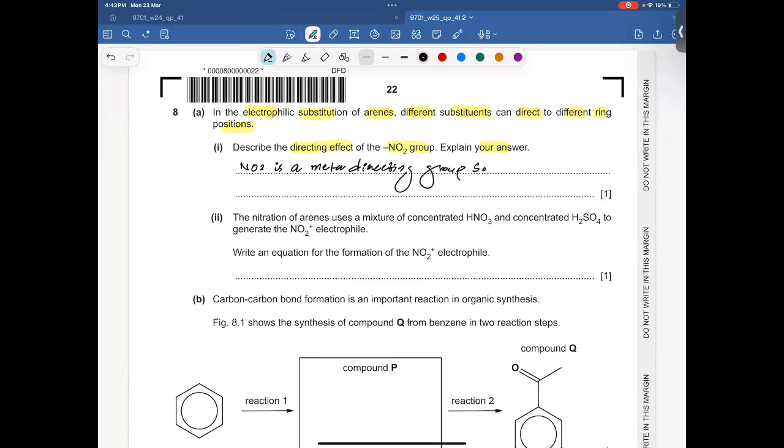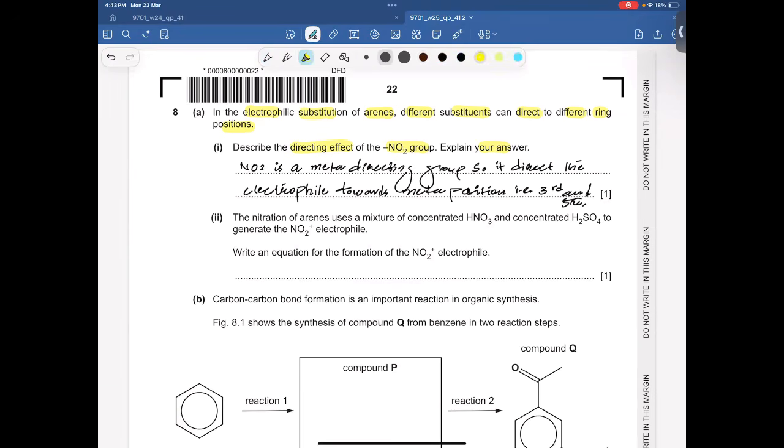So it directs the electrophile towards the meta position. That is third and fifth.